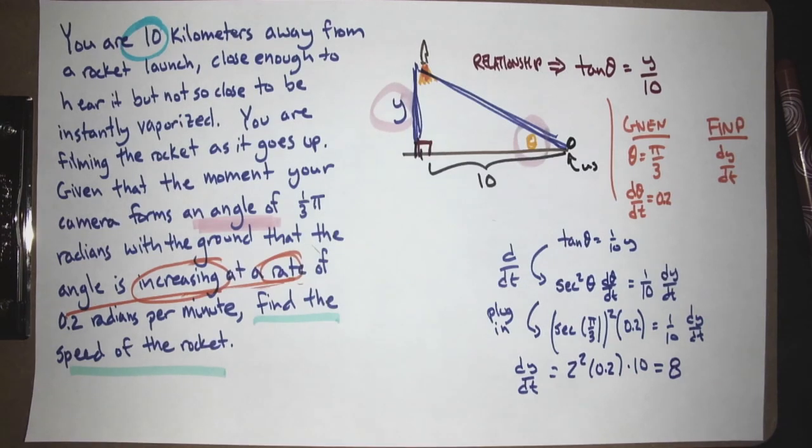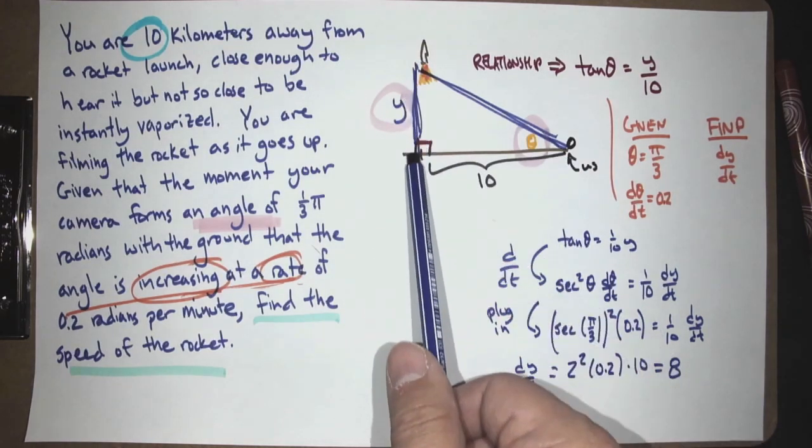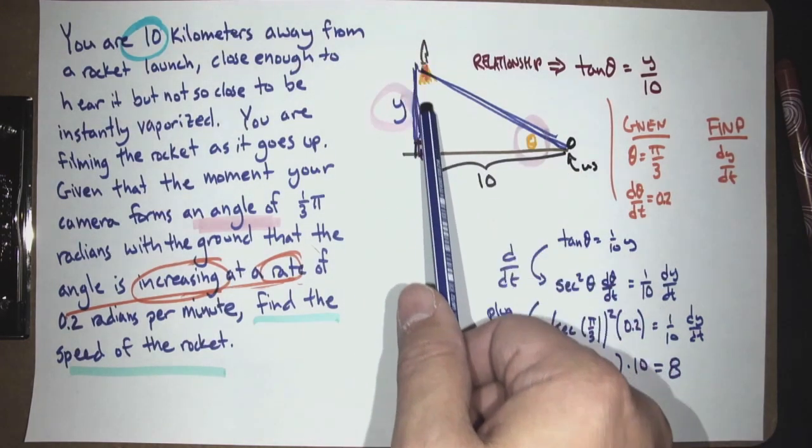All right. 8 what? What will be our units? And how do we know those are our units? What should y be measured in? It should be kilometers, because you want to compare these two. This is 10 kilometers, so this should be kilometers.